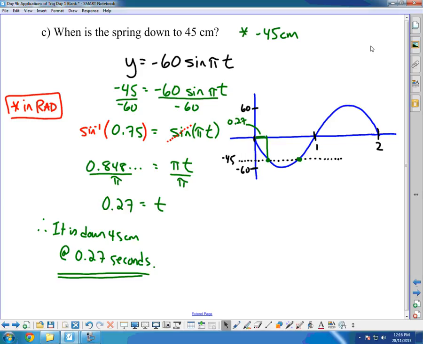So we're going to take advantage of the symmetric properties of the sine curve to figure out where this spot is. Since this part of the graph goes 0.27 this way, then over here, this must be 0.27 as well.